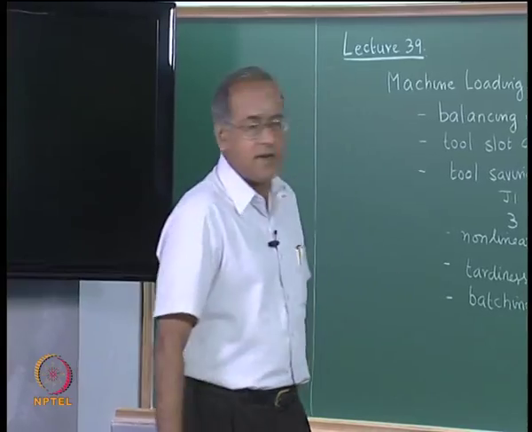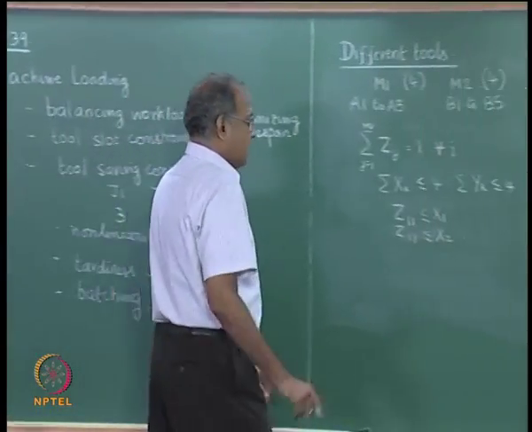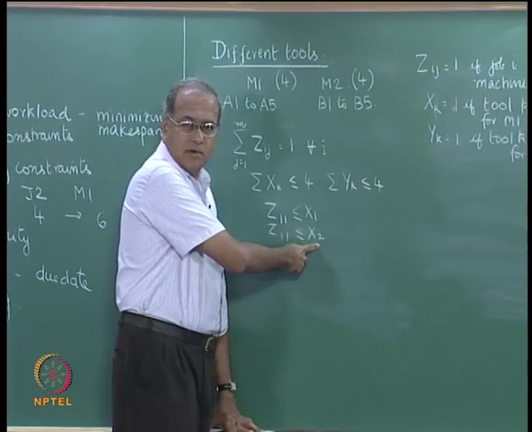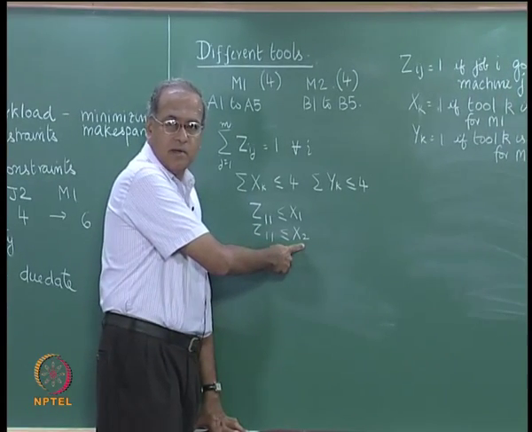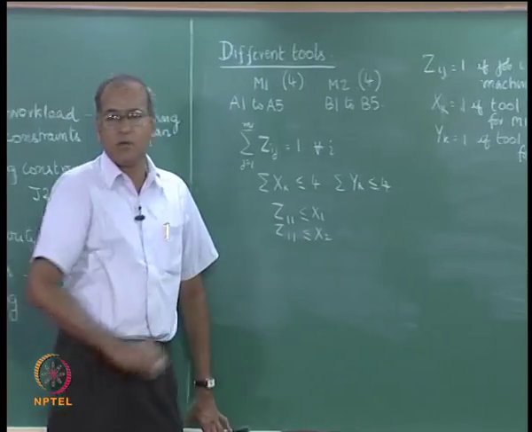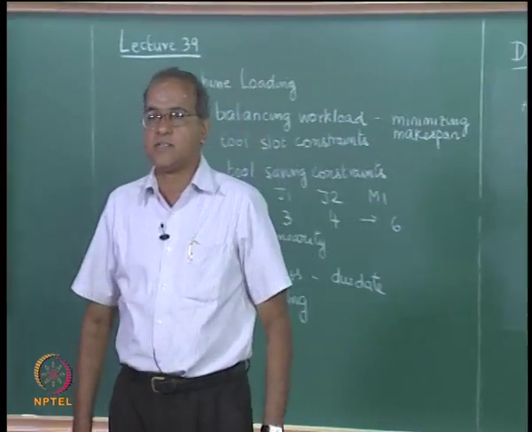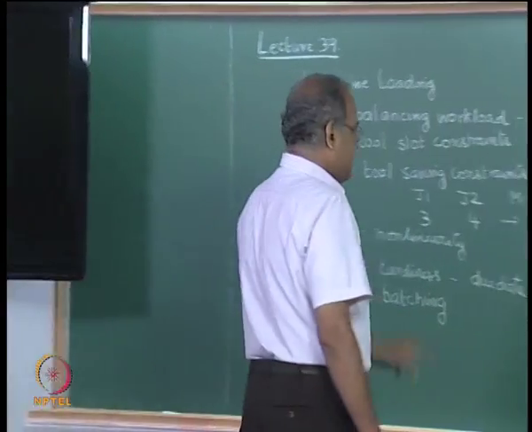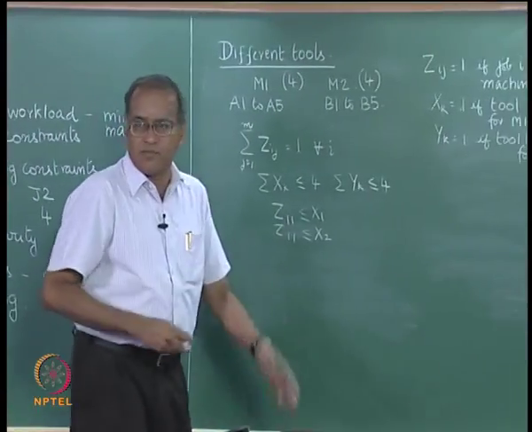For example, I cannot have a situation where x2 is 0, which means tool A2 is not assigned to machine 1. If that happens, then I cannot assign job 1 to machine 1.